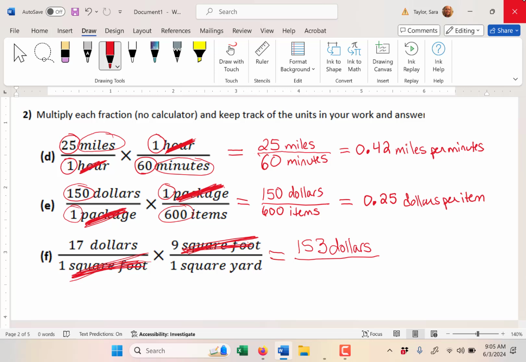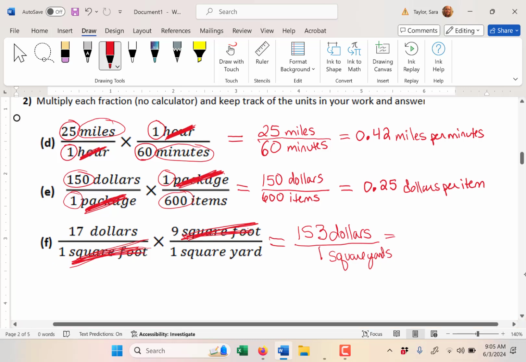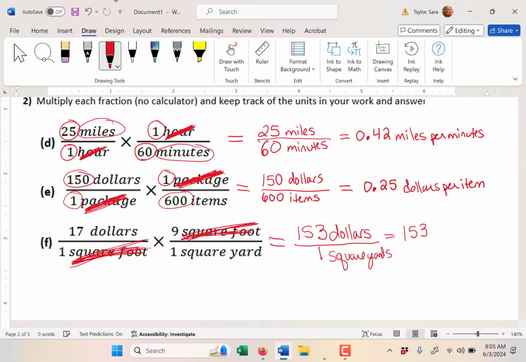In my denominator, I have 1 times 1, which is just 1. And the units in the denominator are square yards. The numerical part of the answer is 153 divided by 1, which is 153. And the units of the answer are dollars divided by square yards, which means it's dollars per square yard.